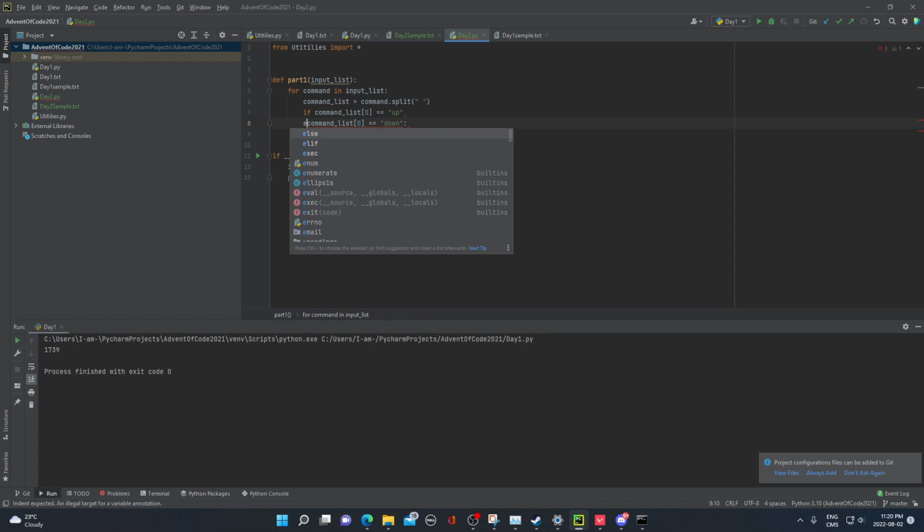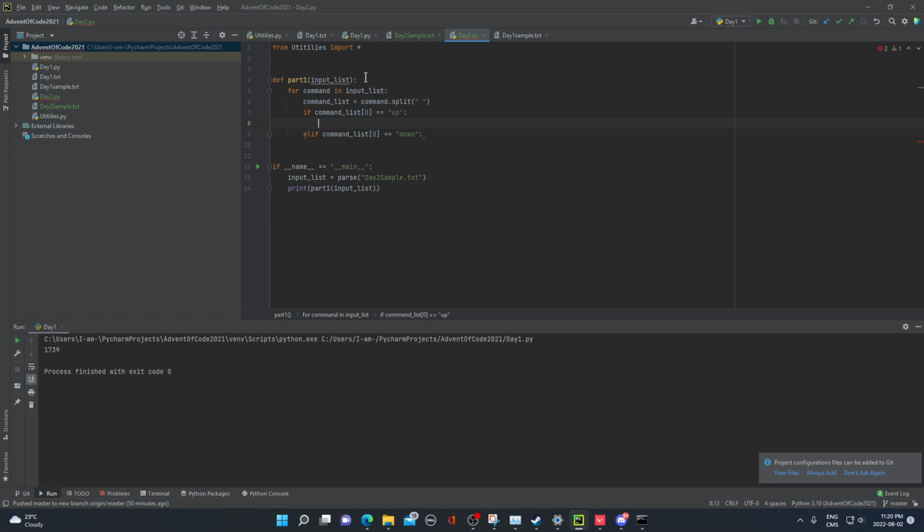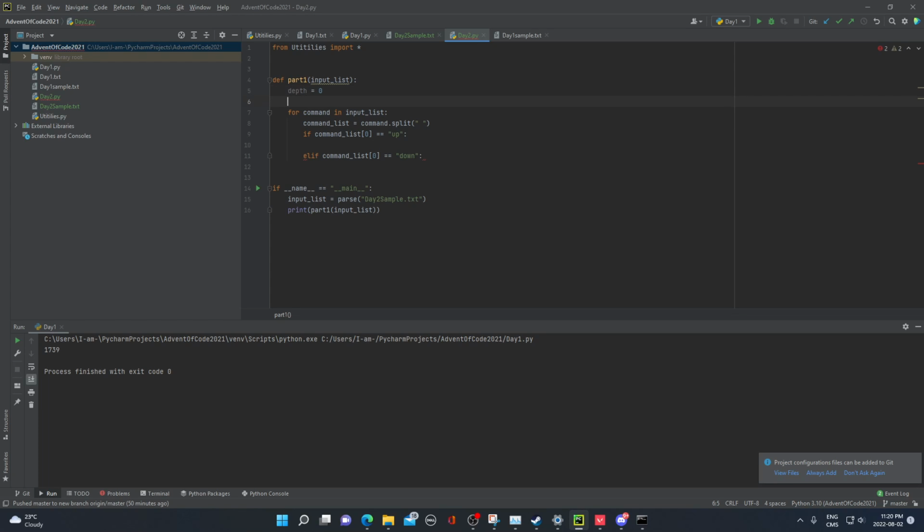We can just do an elif. So if it's up, we're going to have a depth variable which starts at 0, and then we're going to have a horizontal position, 0. So up, depth becomes depth minus the second element. And if it's down, depth increased by the second element.